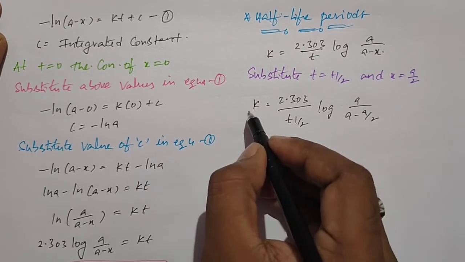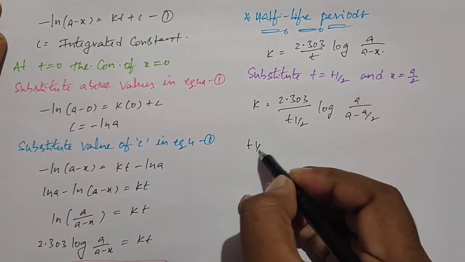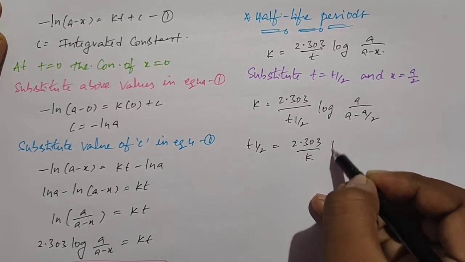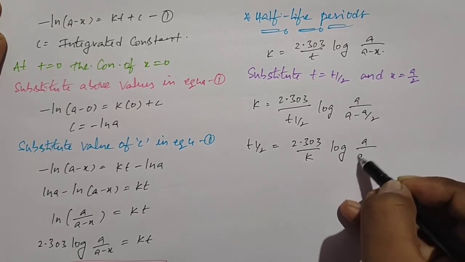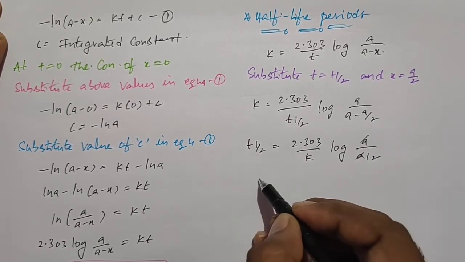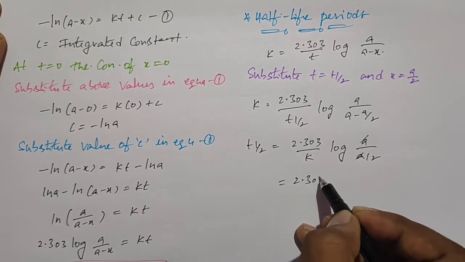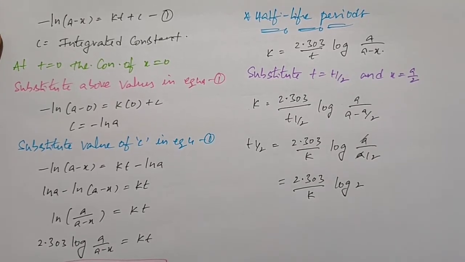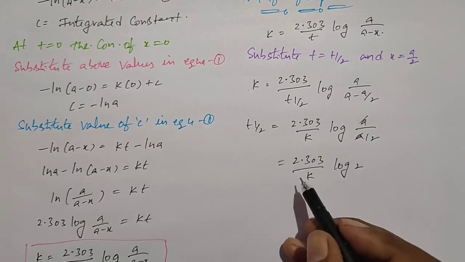So take t half to this side and k to this side. So t half is equal to 2.303 by k into log of 2a by a. So a will be cancelled, then we get log 2. So that is equal to 2.303 by k into log 2. You know very well the value of log 2 is 0.3010.